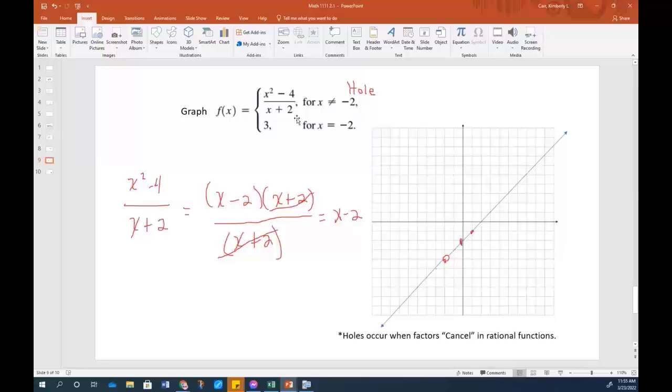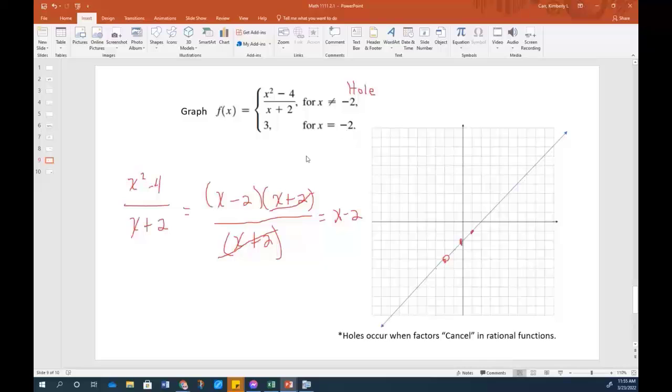Now, if you were to graph this top one on your graphing calculator, you can't see the hole. That's one of the weaknesses of your graphing calculator. It would show you the line, but you're only going to know there's a hole there because I'm telling you, holes occur when factors cancel. Now, additionally, where x is -2, there is a value.